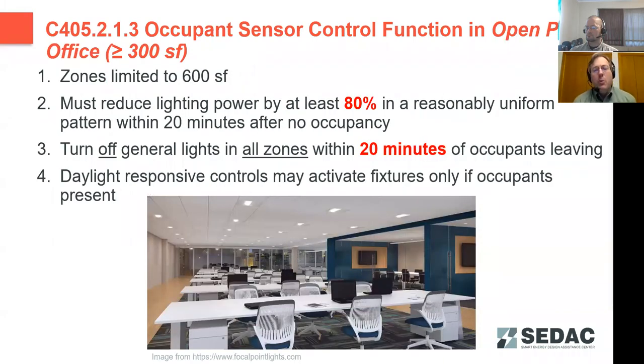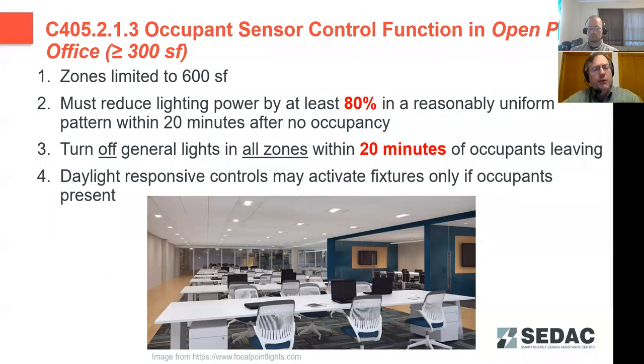Moving over to open plan offices, which is the second specialty type the code calls out. In order to meet the definition of an open plan office area, it has to be at least 300 square feet. If it is less than 300 square feet, then that would be considered a private office.